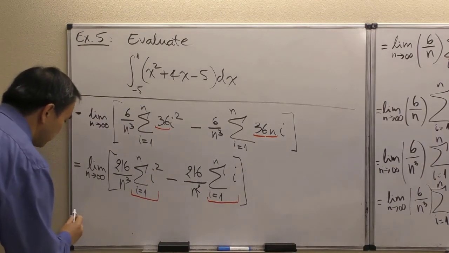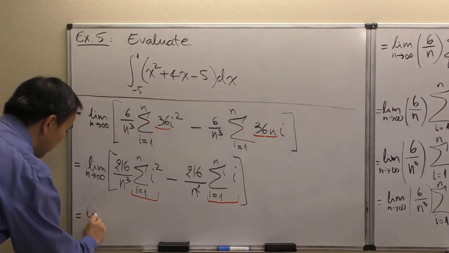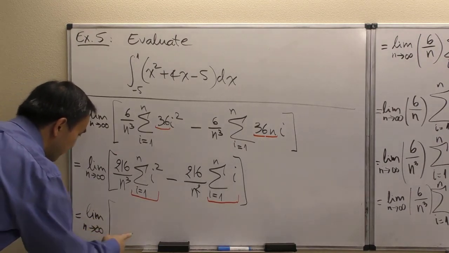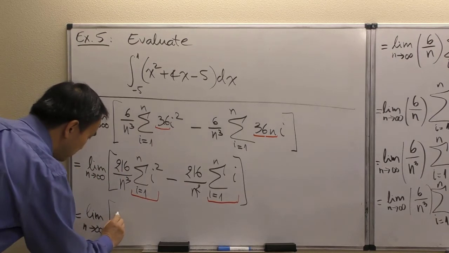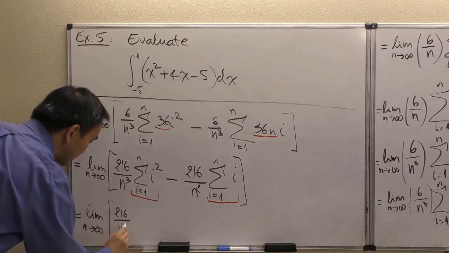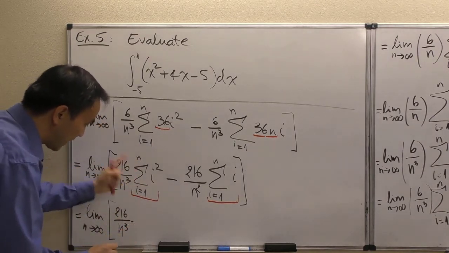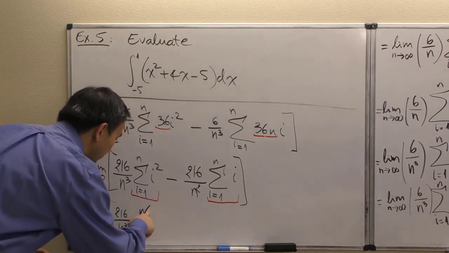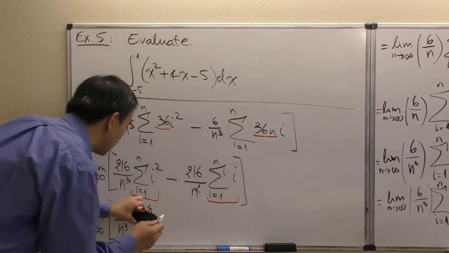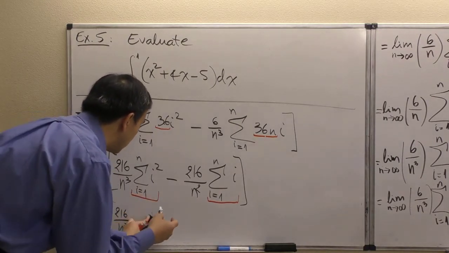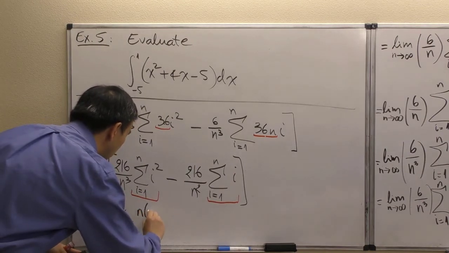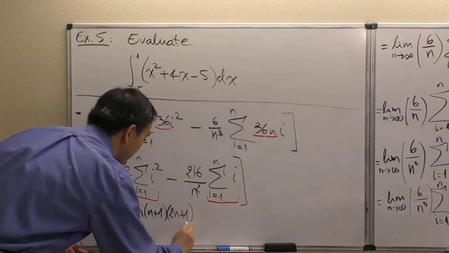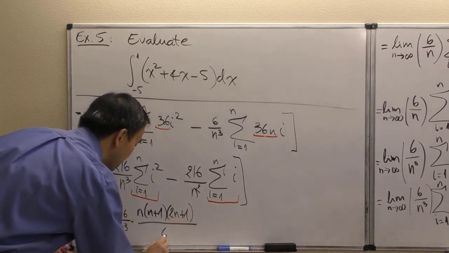So here it's a limit, growing to infinity, and I'm using brackets here. 216 over n cubed is here, but the summation of the i squared term becomes n times n plus 1 times 2n plus 1, divided by 6.